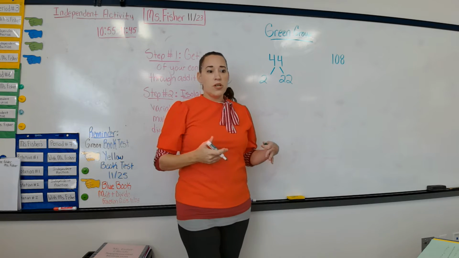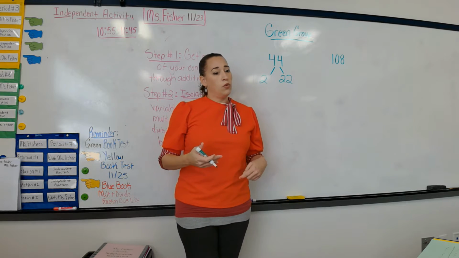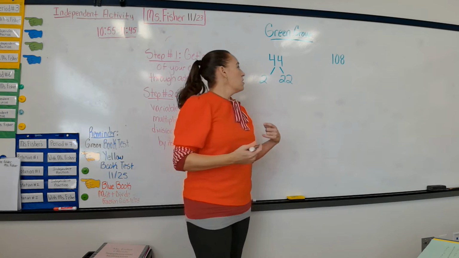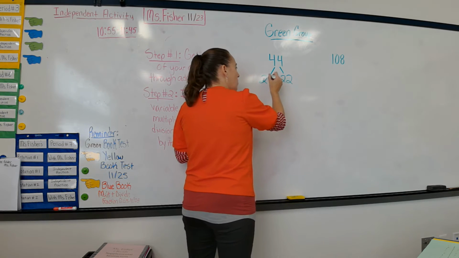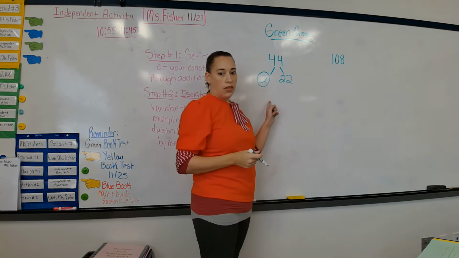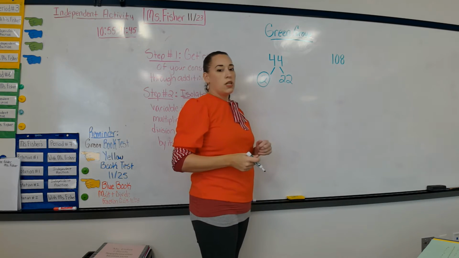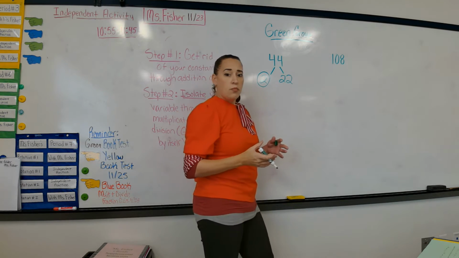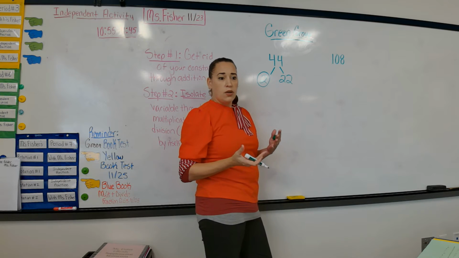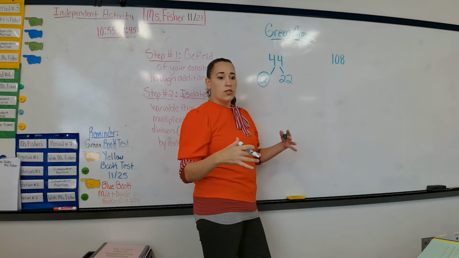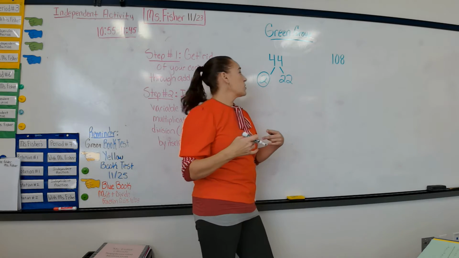Remember, a prime number is any number that's divisible by only 1 and itself. So we know 2 is a prime number, so we circle that because there's nothing else we can do with that, and we move on to 22. If it's not a prime number and it's a composite number, we must keep breaking down the numbers until we're left with just prime numbers.